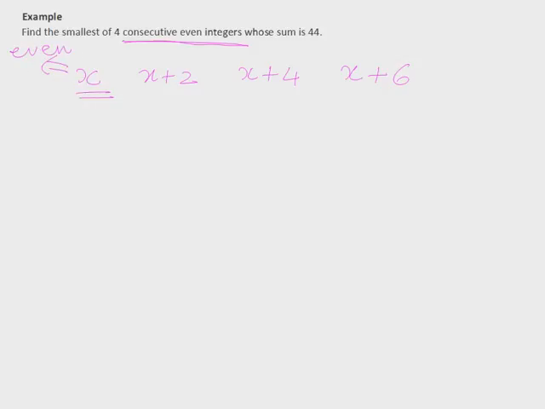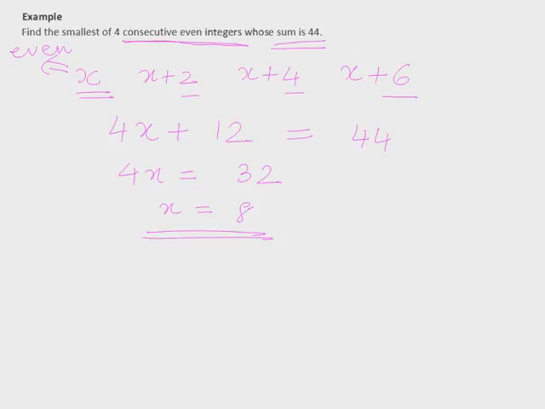If for some reason you work out x to be odd, then everything falls apart because we're assuming x is even. Let's add them. So that's 4 x's plus 2 plus 4 plus 6. That's plus 12. And that sum is equal to 44. That is given. So 4x will equal 32 and x will equal 8.